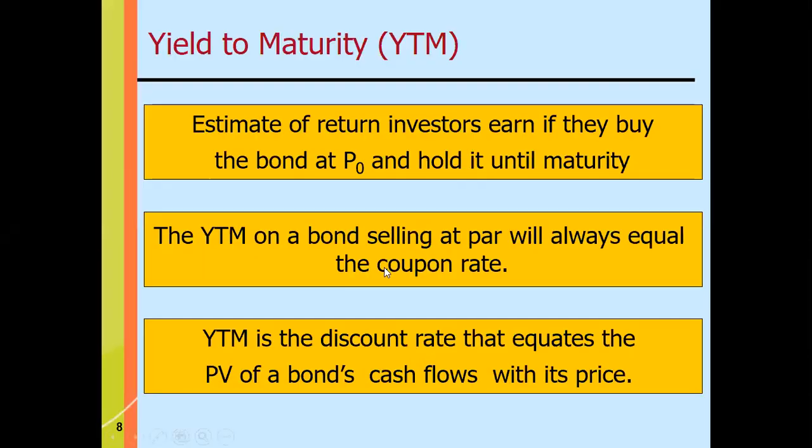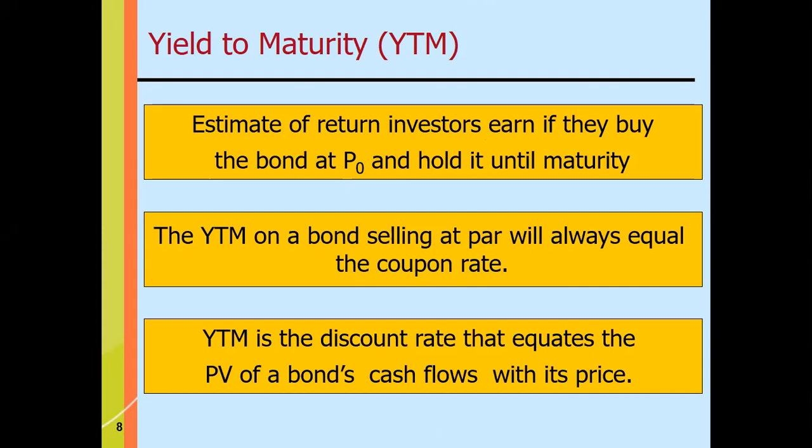Then the YTM on a bond selling at par will always equal the coupon rate. This is also one insight. If, for example, the coupon rate is equal to the effective rate, so meaning the fair value of the bonds would be equal to the face value.